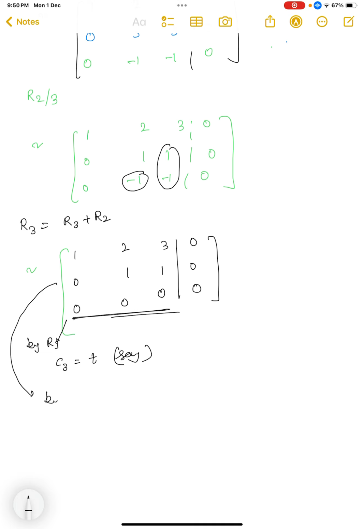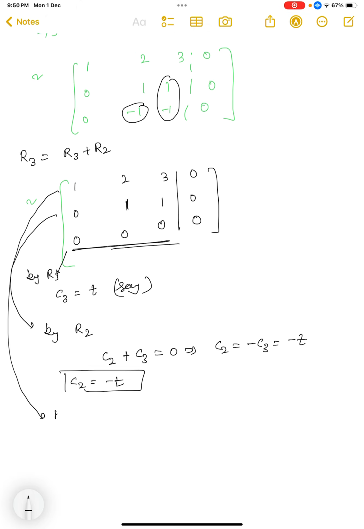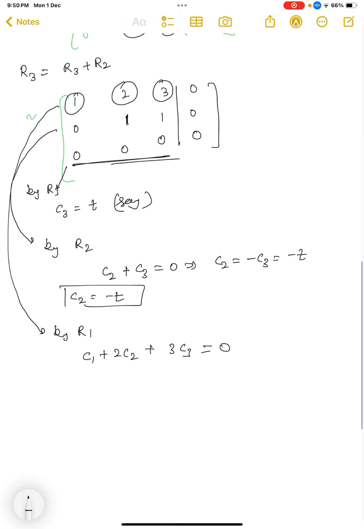Now by r2, this is the multiplier of c2, so c2 plus c3 equals 0. So c2 is equal to minus c3, which means minus t. Now by r1, this is the multiplier of c1, so c1 plus 2c2 plus 3c3 equals 0.